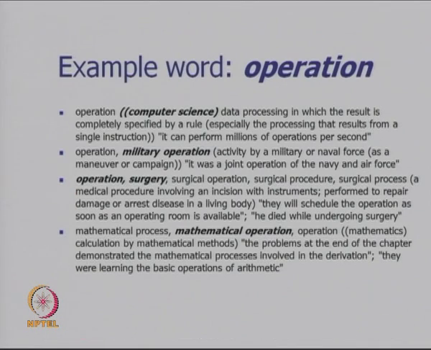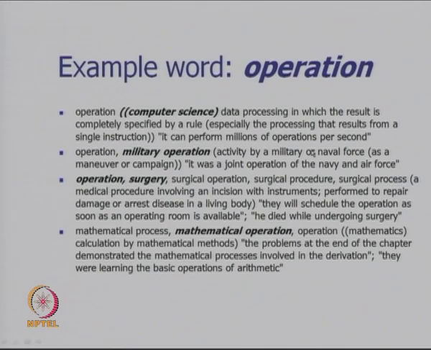Here is an example. We take the word operation. So, the word operation is very ambiguous. It can mean something in computer science, which is data processing in which the result is completely specified by a rule, especially the processing that results from a single instruction.